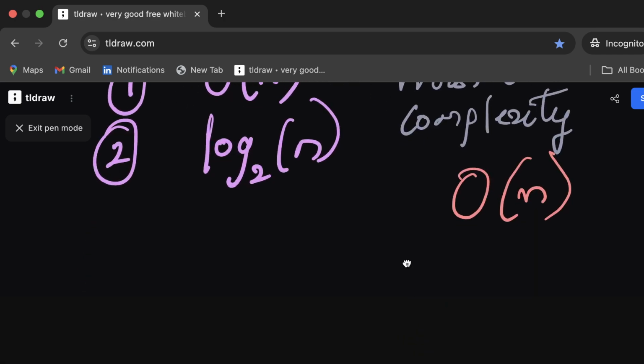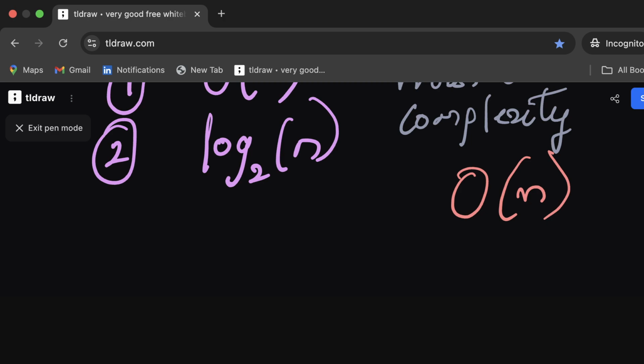So these are basically asymptotic notations. Basically, an asymptote is like a mathematical graph, right?